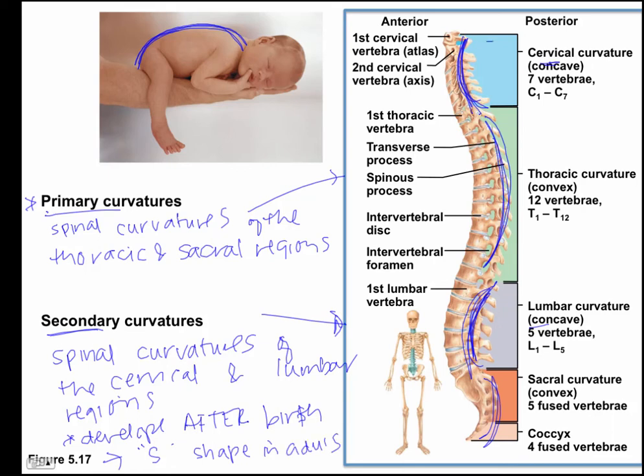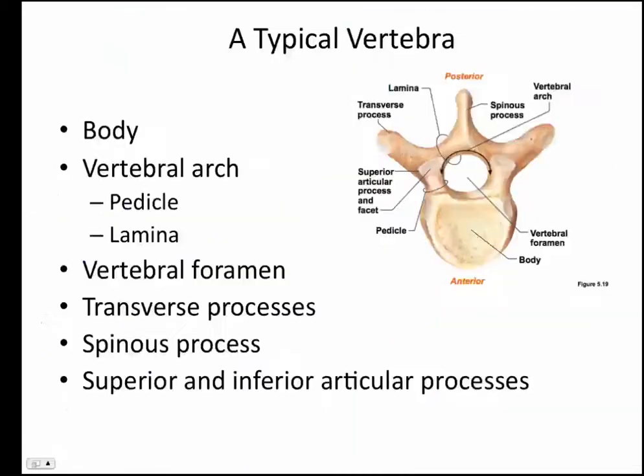So here's that S shape that we see. And so this is at birth. That's that C shape in newborns. Okay, just want to make sure I don't miss anything.